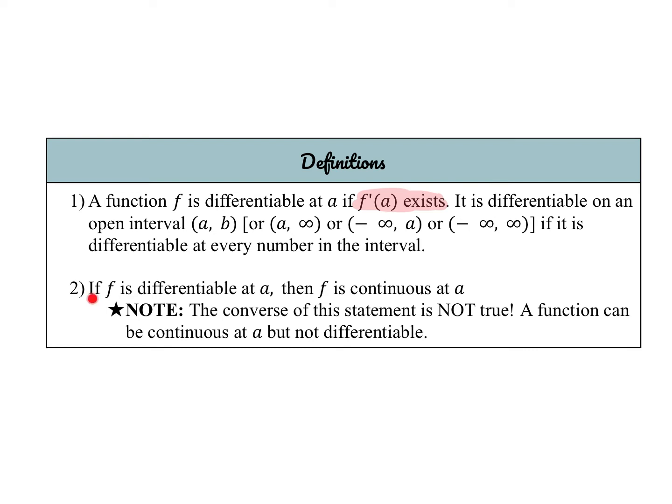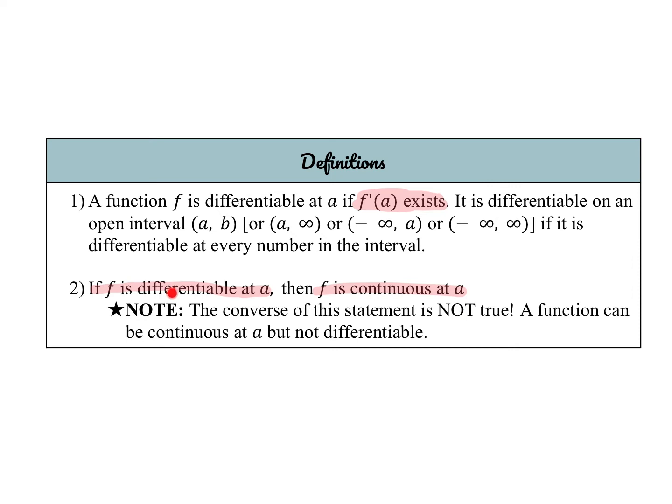All right, now let's look at this next definition. So this says if f is differentiable at a, then f is continuous at a. So if it is differentiable, then it's continuous at a. But I do want to note that the converse of this statement is not necessarily true.